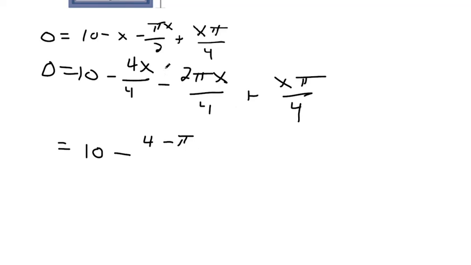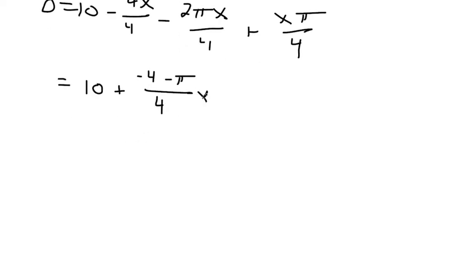Oh, actually, you know what? I made a mistake with the order of operations. These are all x's, so this is like a negative 4. So I'm going to write it like this, plus a negative 4, then minus 2 pi plus 1 pi, so that's still minus pi over 4.